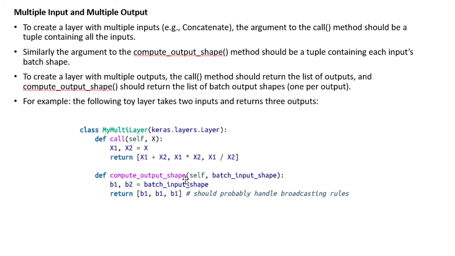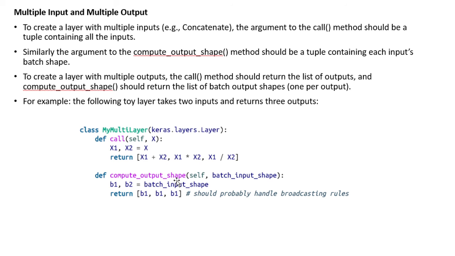To create such a layer with multiple outputs, the call method should return a list of outputs, and compute output shape should return a list of batch output shapes. You can see a class here named MyMultiLayer, which subclasses keras.layers.Layer and includes two methods, call and compute output shape.